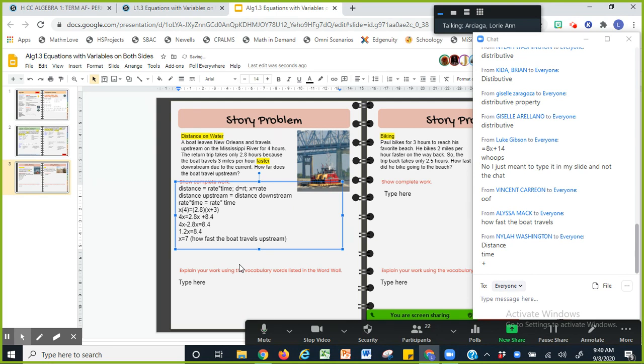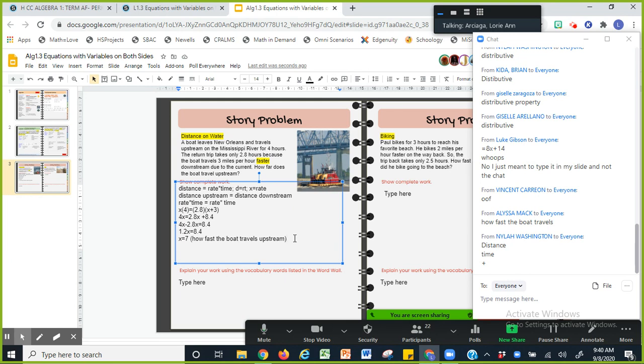So we have already found Alyssa's response earlier. x is equal to 7 is how fast the boat travels upstream. Now, how far? Nyla's response earlier was distance. So how far does the boat travel upstream? And how are we going to do that?